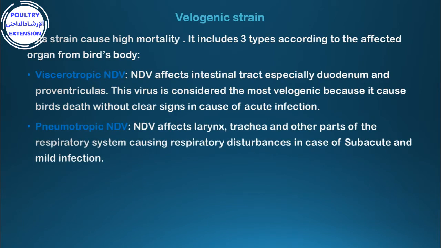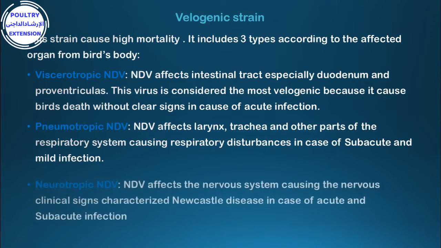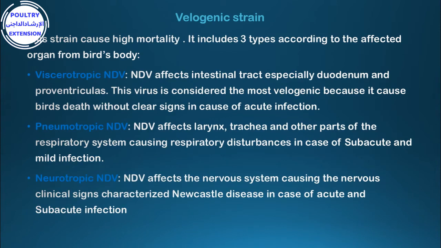Pneumotropic NDV affects the larynx, trachea, and other parts of the respiratory system, causing respiratory disturbances in case of subacute and mild infection. Neurotropic NDV affects the nervous system, causing the nervous clinical signs that characterize Newcastle disease in case of acute and subacute infection.